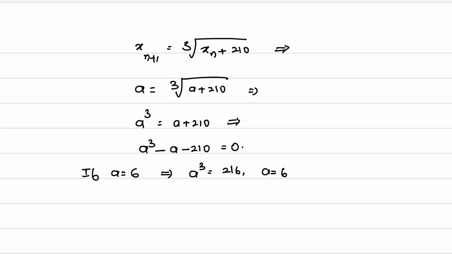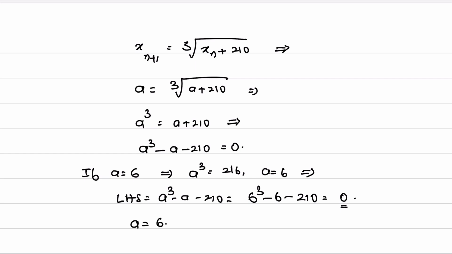So a cube minus a minus 210, that is 6 cube minus 6 minus 210, is equal to 0. That means the above equation has a solution at a equals 6. This is the real root of the equation.